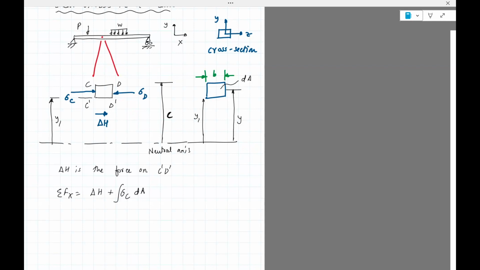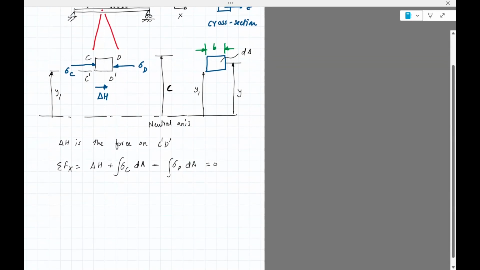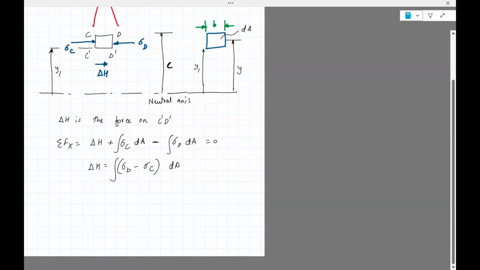And then there's sigma D dA acting on the other side, so negative, should all be equal to 0. So we can write delta H is sigma D minus sigma C integral dA, just moving things around.